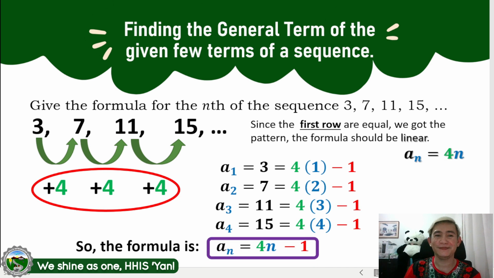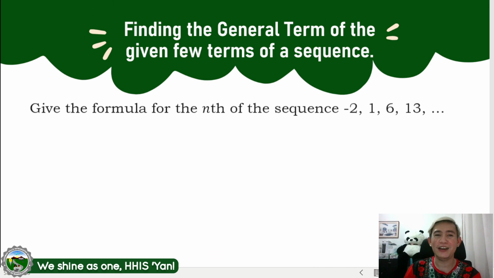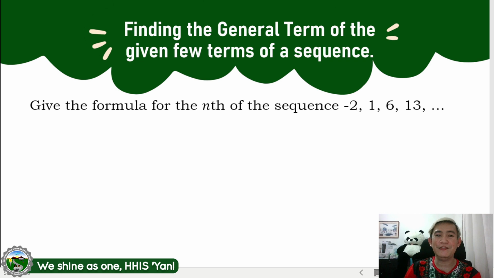That's it. Now, let's have our last example. Give the formula for the nth term of the sequence negative 2, 1, 6, and 13. First step, we have to write the given sequence.